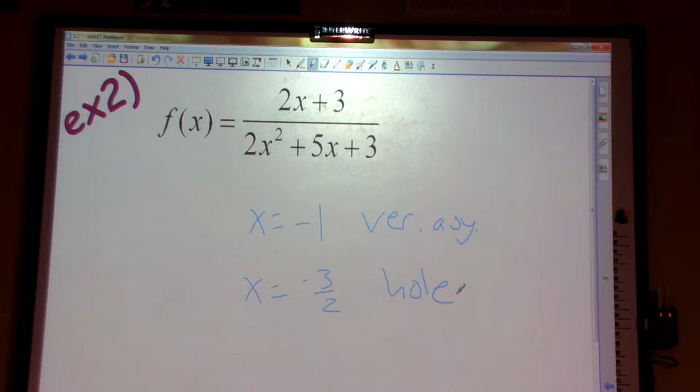How do you know what step size to pick? How do you know where to start and everything? It's so random. Like, what if you have a hole at the square root of 2? Are you ever going to pick a step size of square root of 2? No. So this whole using a calculator, it can help verify our answers, but it's really not the best way to find them.